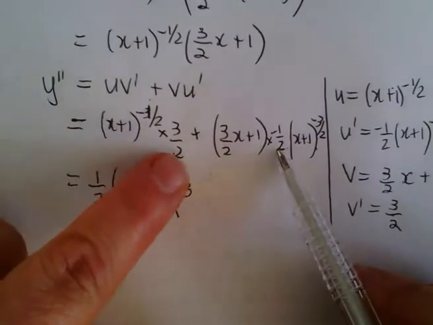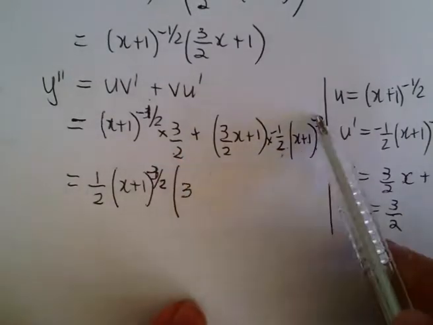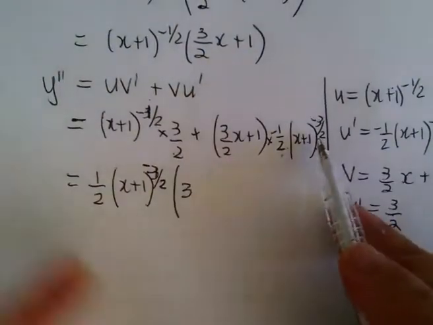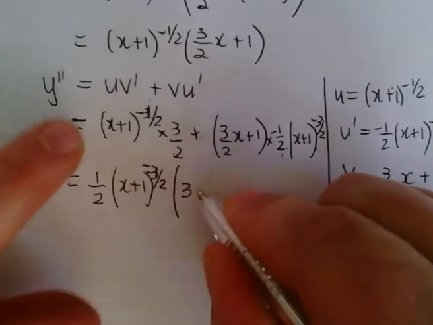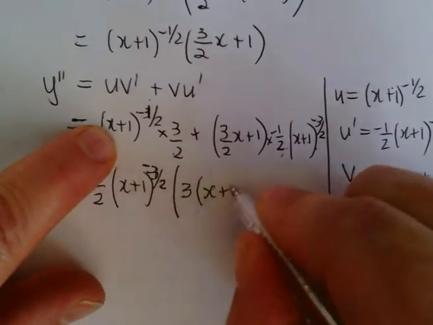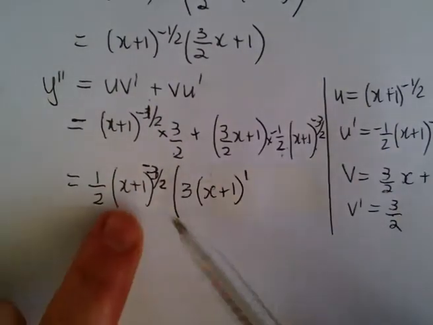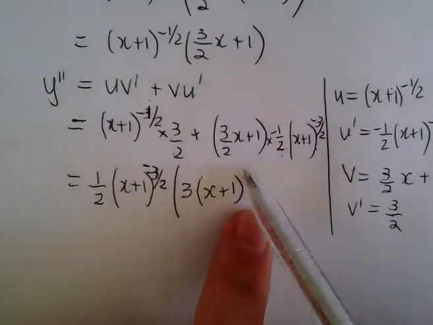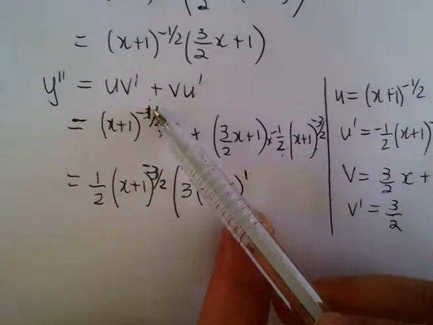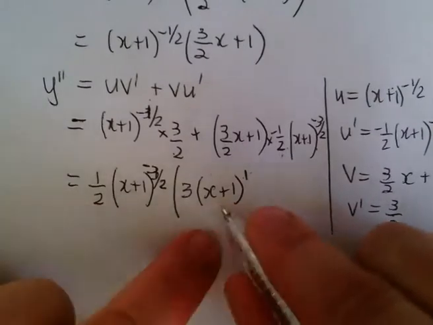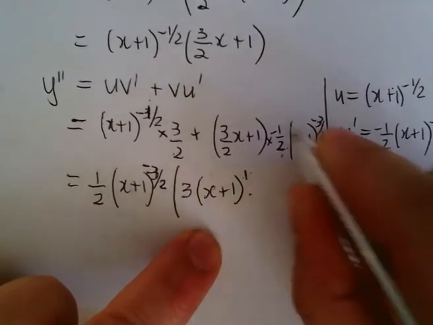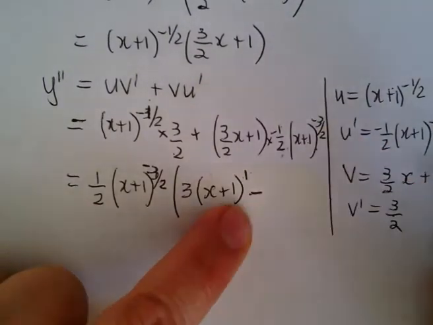so the half comes out, (x plus 1) to the negative 3 on 2 comes out. So we've got 3 bracket (x plus 1) to the power of 1 here, because negative 1.5 plus 1 is negative a half. So that's the first term. The second term will be minus.